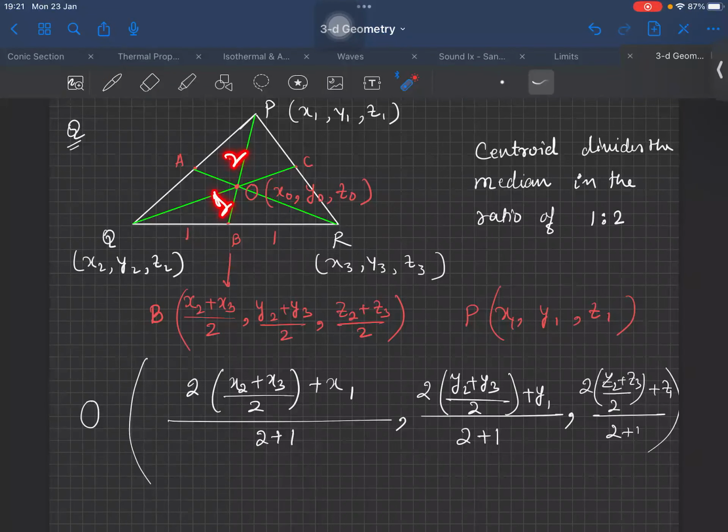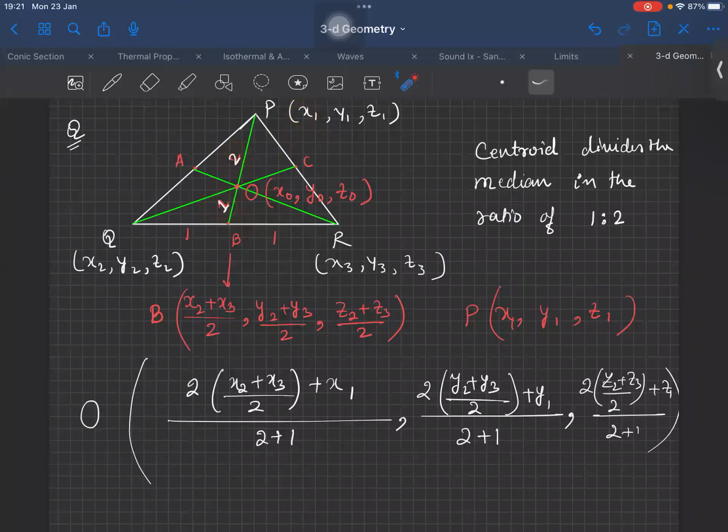We have this point B and this point P, so we'll be using the section formula: coordinate of this point multiplied by this, plus coordinate of that point multiplied by that, and whole divided by the sum of the ratio, 2 plus 1.